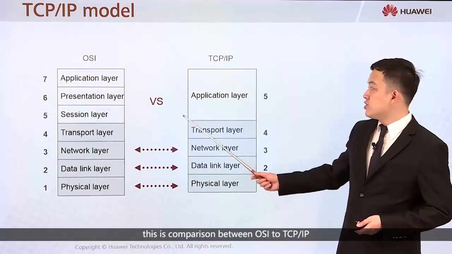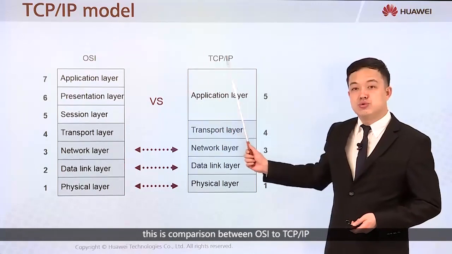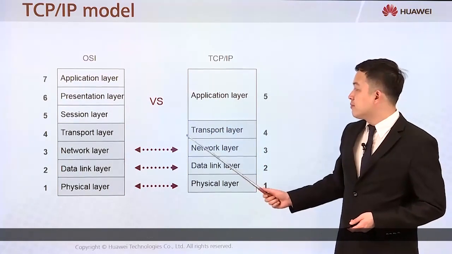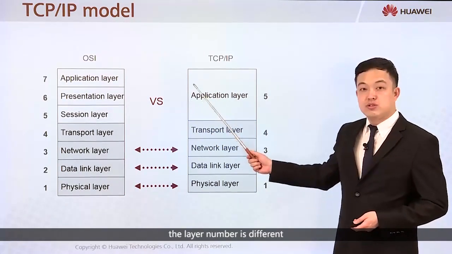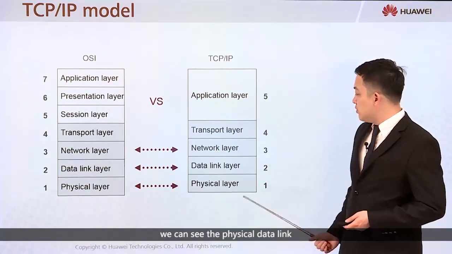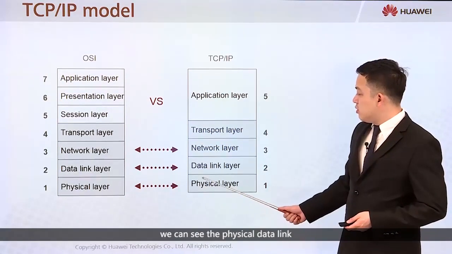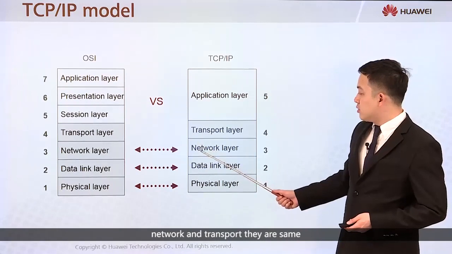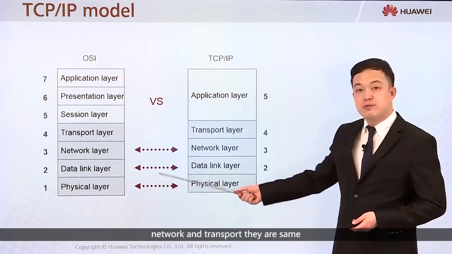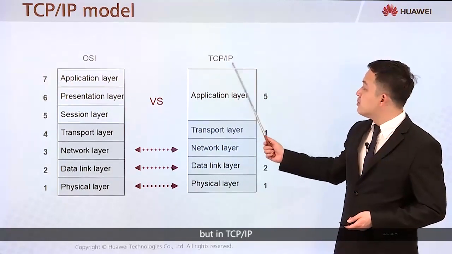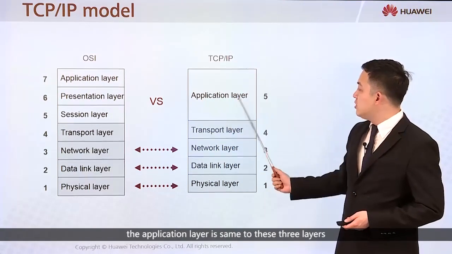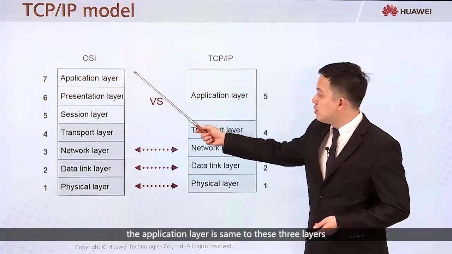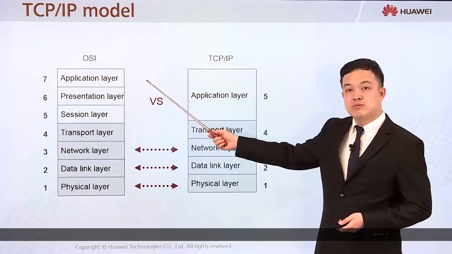This is a comparison between OSI and TCP/IP. The number of layers is different. We can see the physical, data link, network, and transport layers are the same. But in TCP/IP, the application layer is the same as these 3 layers.